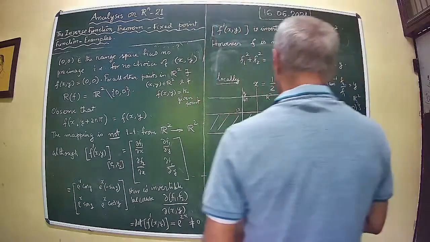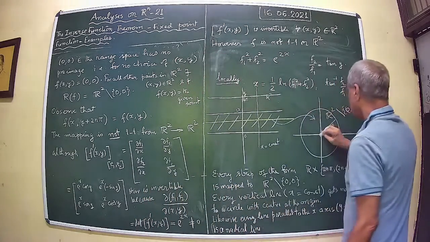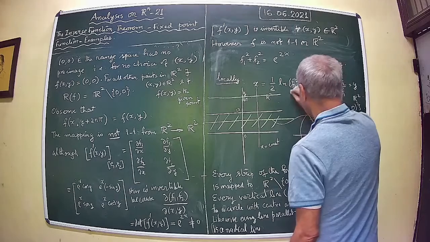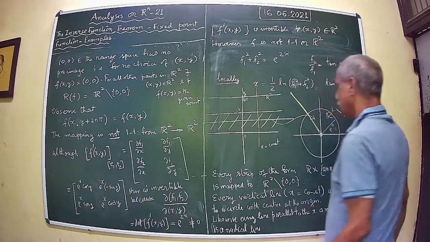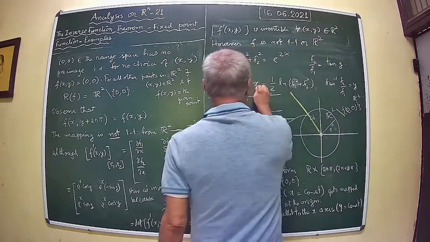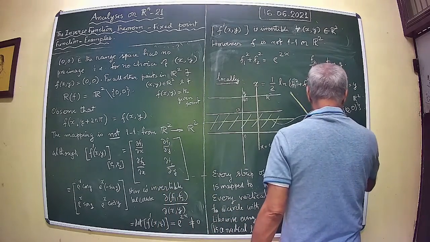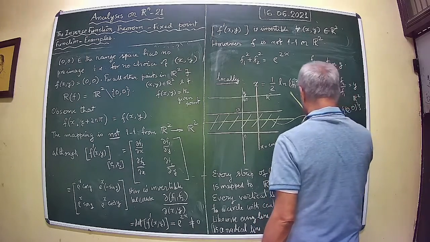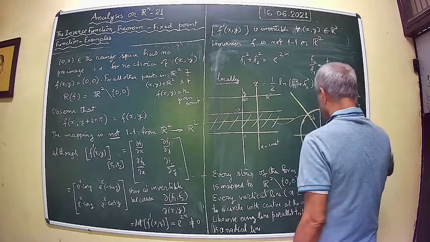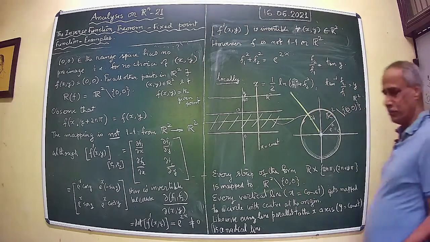We'll draw the picture. This is the radial line that you have, and every vertical line goes to a circle. So this is the picture that emerges. That is what the mapping is all about.